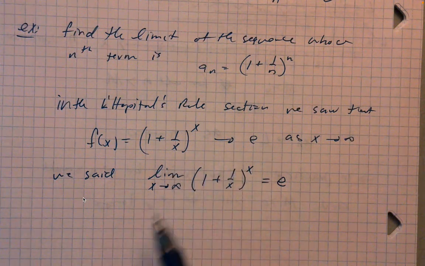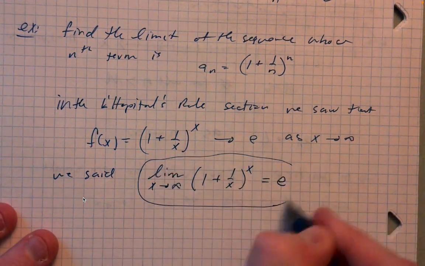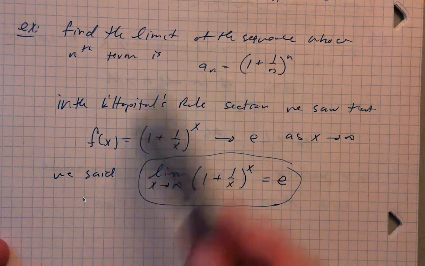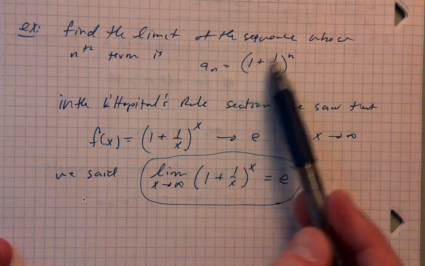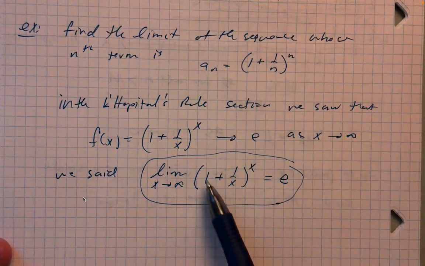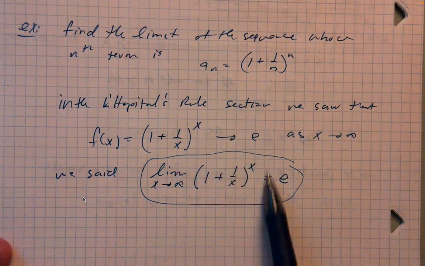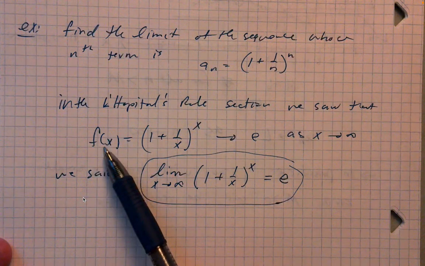We had to invoke L'Hopital's rule a couple times and do some algebraic maneuvers, but we were able to show that this was true. Now what we need to recognize here is that we can apply the previous theorem. Notice that 1 plus 1 over n to the nth power is going to be the same as 1 plus 1 over x to the x power if I restrict the domain of f to just the natural numbers.